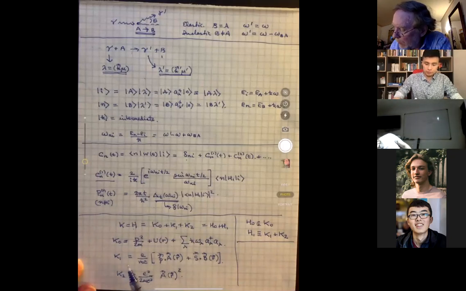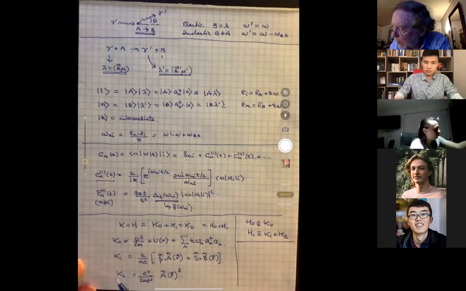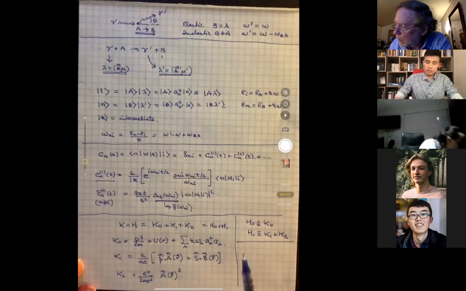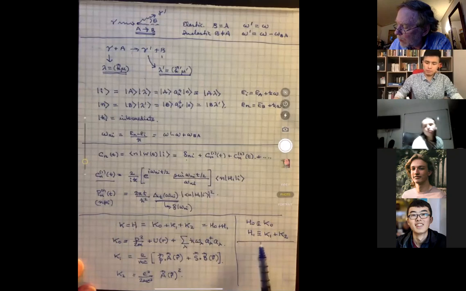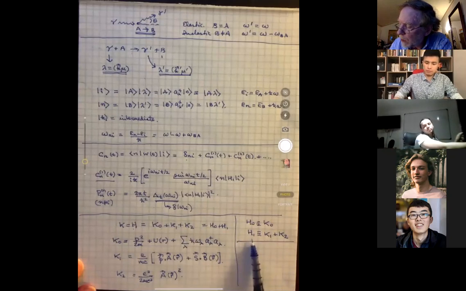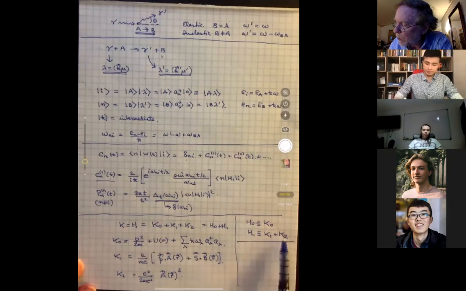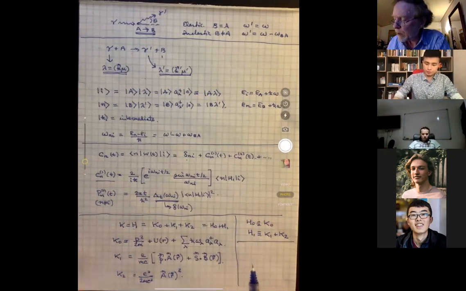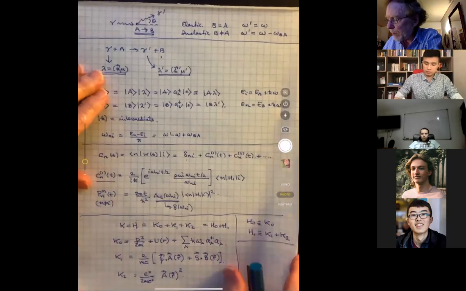So there's a mixing of orders in this breakdown of the expansion of this K Hamiltonian. And it's convenient to have a single symbol for the entire perturbation, K1 plus K2. That's why I'm writing it like this. Also, when we did time-dependent perturbation theory, we just had an H0 and an H1 and not an H2. So that's another reason for doing it, to relate it to the formulas we worked out earlier with time-dependent perturbation theory.